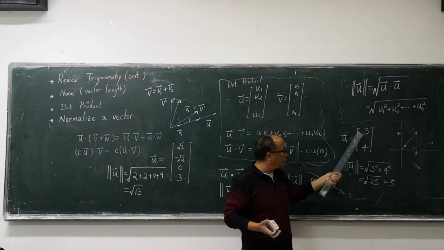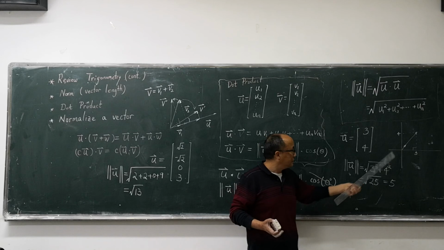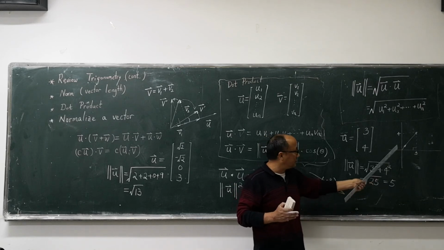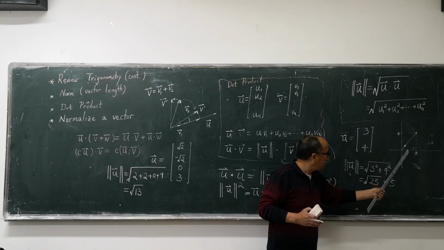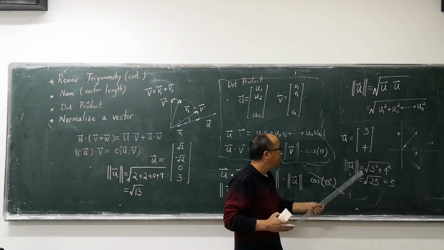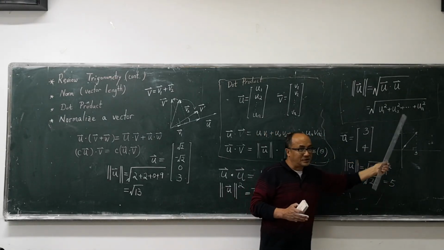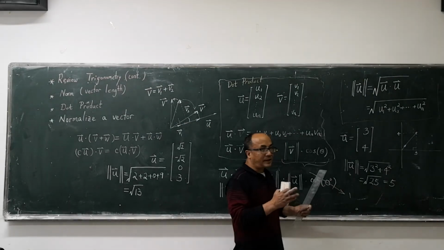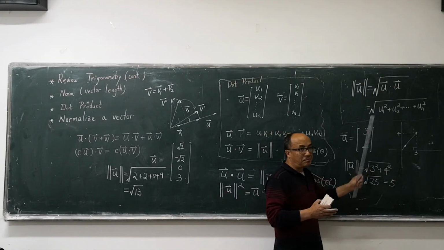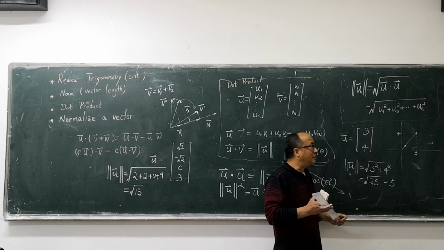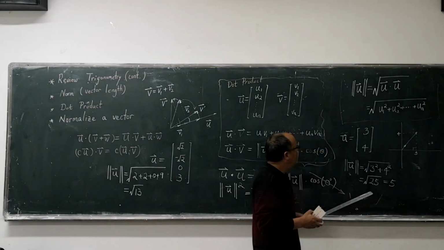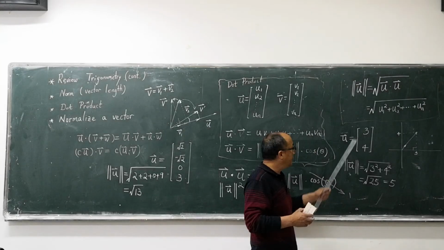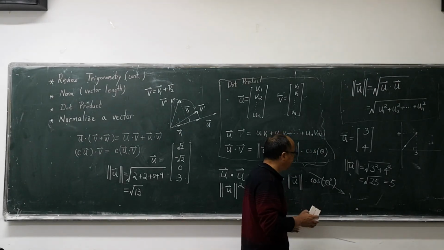This is 2-dimensional. I'm a little bit disappointed that you didn't realize that it is Pythagorean. 3, 4, that's a 5. If it's 3-dimensional, then there's a 3-dimensional Pythagorean theorem. It's better.